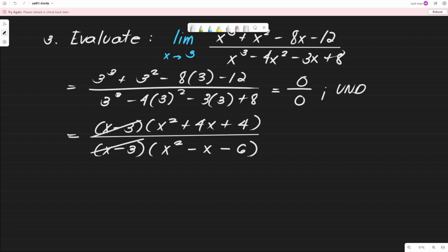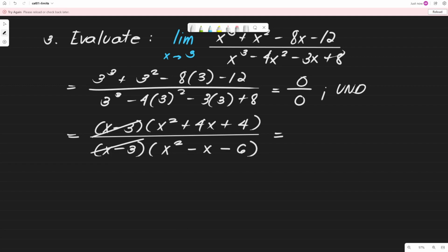Then for the other factor, let's check if it is still factorable. Yes, obviously, that is still factorable. So what are the factors here?